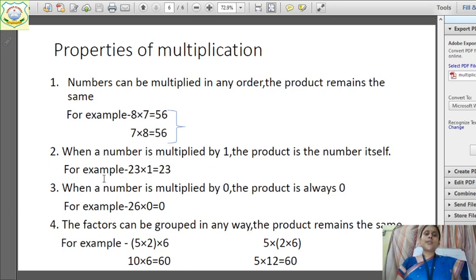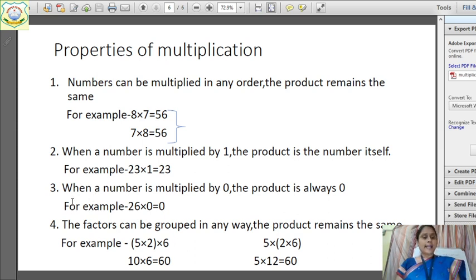When we multiply 12 with 1, the answer is 12. Suppose 14 with 1, the answer will be 14. If we multiply 15 by 1, the answer is 15. If we multiply 60 by 1, the answer is 60. So there is no confusion. When we multiply any number with 1, the answer is the number itself. This is our second property.